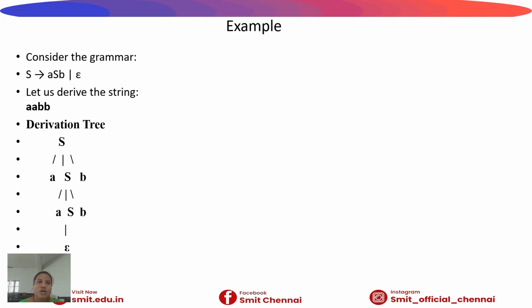For example, consider the grammar S substituted by a S b, and also S substituted by epsilon. Let us derive the string aabb. In the derivation tree, S is the start symbol. S is substituted by a S b, then again by a S b, and the final step is S substituted by epsilon.